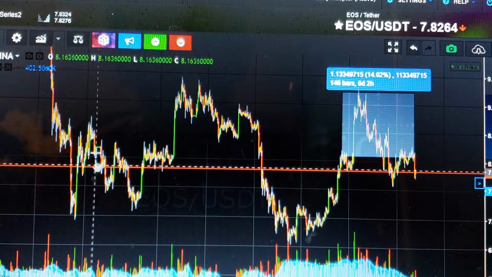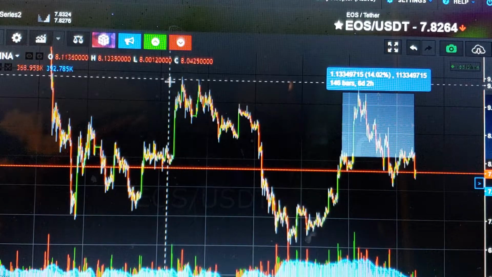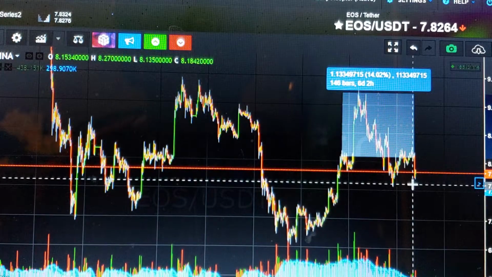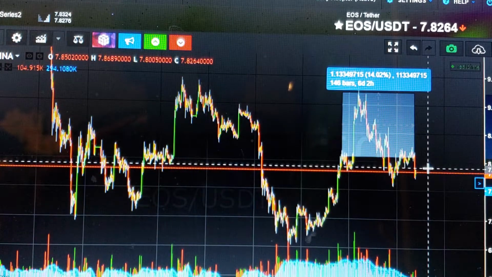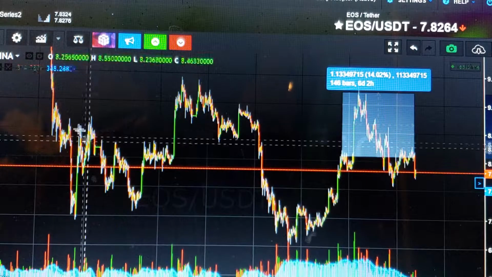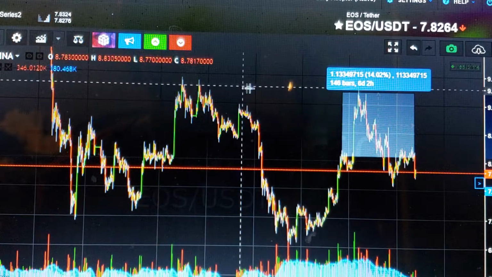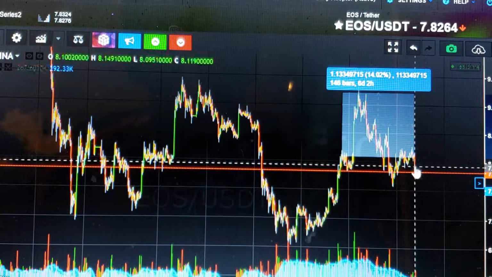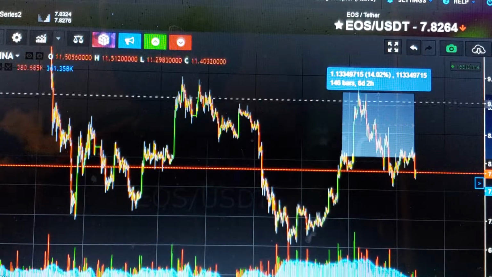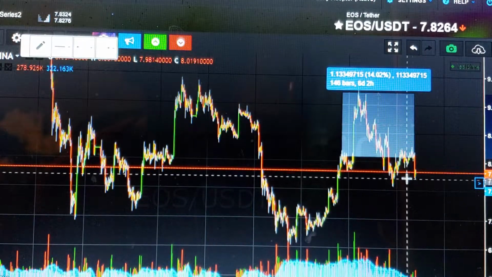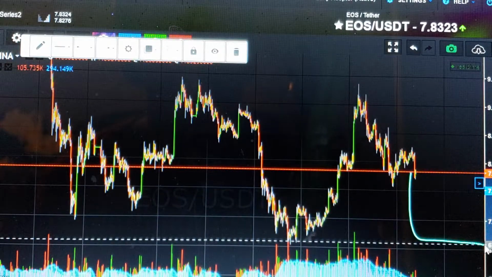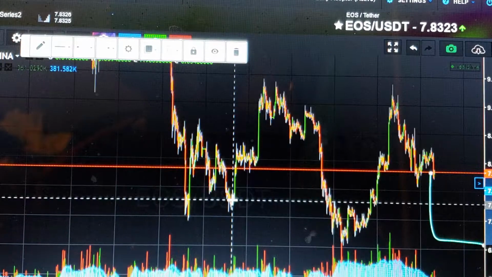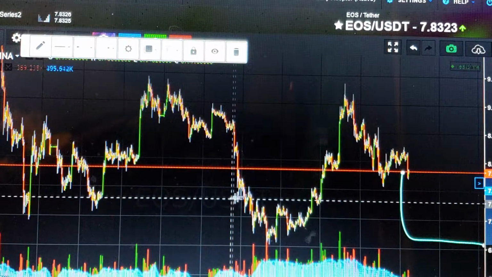EOS moves in about a 6-day pattern. So if we're coming at the end of the 6th day, 6 days down, 6 days up, 6 days down, 6 days up. The pattern's telling us that now we should come back down into here, right? For roughly the next 6 days.